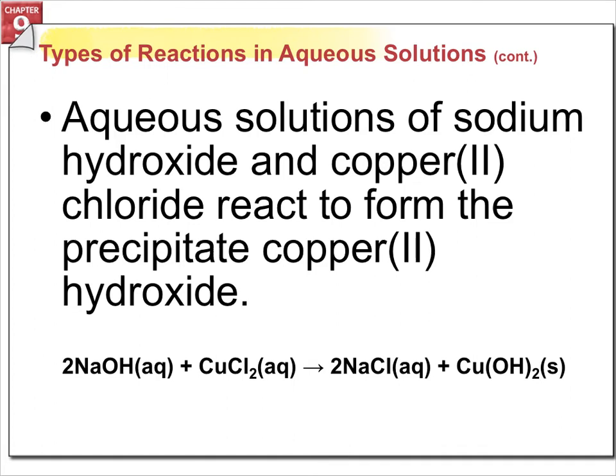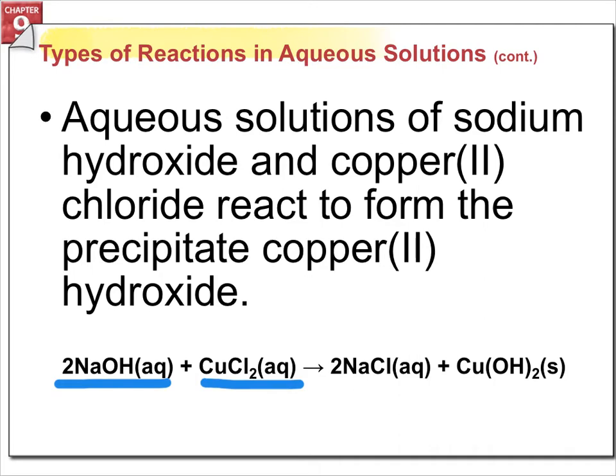Aqueous solutions of sodium hydroxide and copper 2 chloride react to form a precipitate of copper 2 hydroxide. So if you look at this reaction down here, okay, you have sodium hydroxide, which is aqueous, it's mixed in with water, with, again, a copper 2 chloride. All right, this is somewhat like the solution that you had on your test that was in the water.